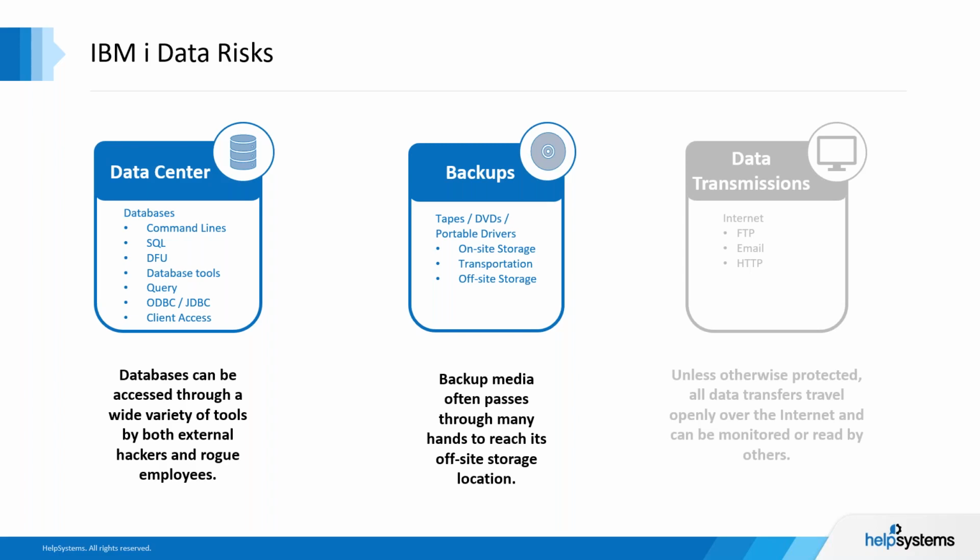These databases could be influenced by a user's ability to access a command line, SQL features, data file utility, other database tools, query, ODBC and JDBC, and client access services. These database accesses can be accessed by internal people as well as potentially external hackers, and we have to be considerate of the potential of that data being brought into the public domain.